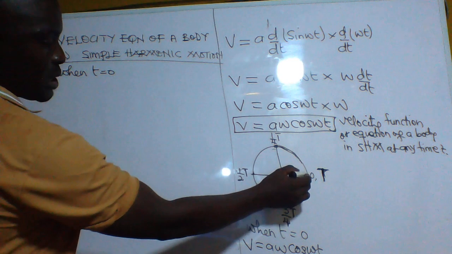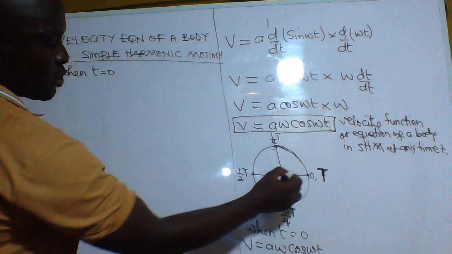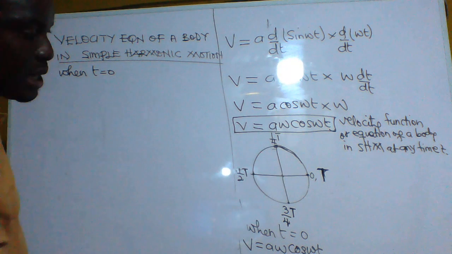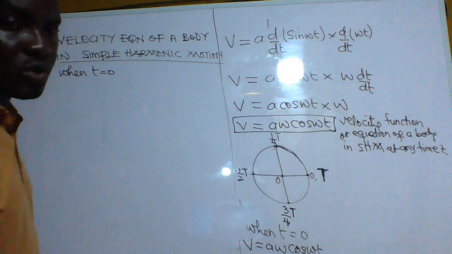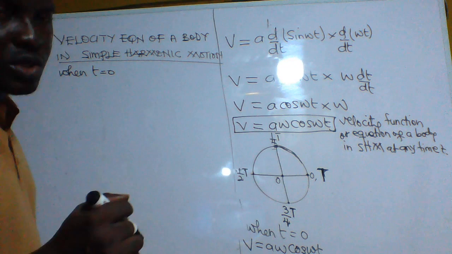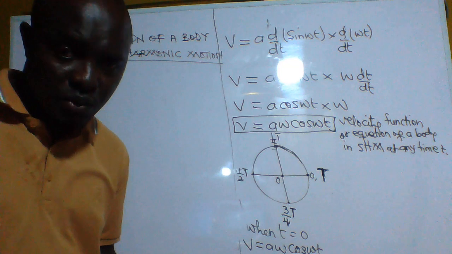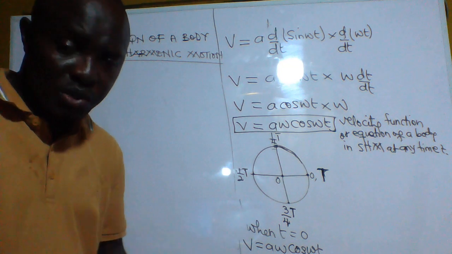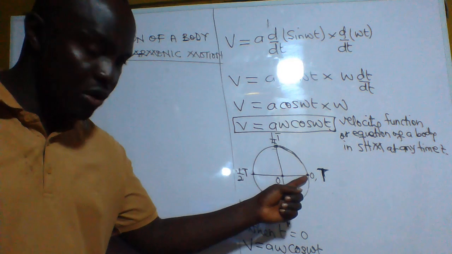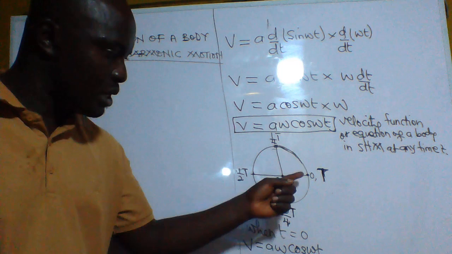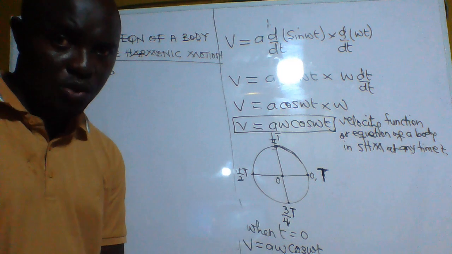What's the displacement of the particle at this point? When we trace this point on the vertical axis, we realize that at this point the displacement is equal to 0. There's no displacement, and so if there is no displacement, then we expect 0 velocity because there's no change in displacement. So at the origin or at the equilibrium position, the displacement of the body is 0, and so its velocity would also be 0.